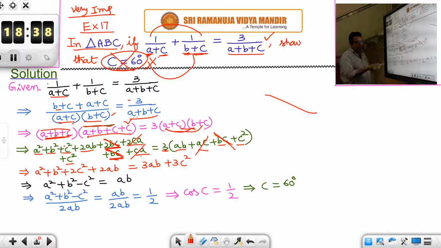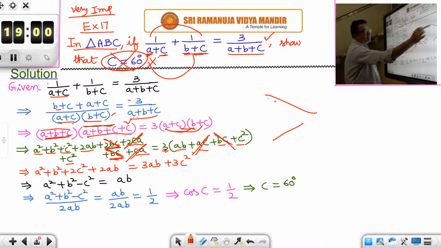Next, this way I am cancelling: 2ca plus ca, 3ca, is equal to 3 into ca. So which term is cancelled out with what, I am indicating by these slants, this side and this side, so that you can easily understand.